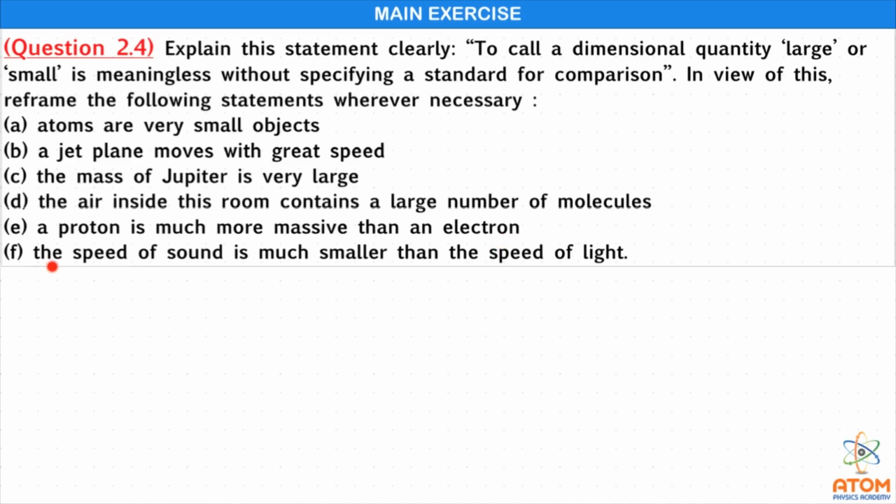And F. The speed of sound is much smaller than the speed of light. Now in these statements, you can see in the first 4 statements, there is no reference given. It means it is not compared with respect to some standard reference. So we need to correct them.